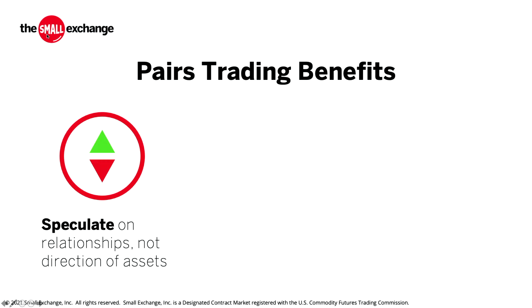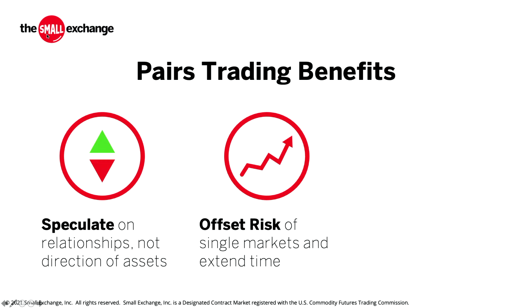One of the first things that you learn after your basic covered calls or buying or selling just a naked put or call option is, hey, I can go into the S&P 500 or I can go into Apple and I can sell what's called a strangle or an iron condor, and I can have a neutral outlook. That's really intriguing to, I think, a lot of people who are tired of saying, oh, trading, I need to go in there and make a 50-50 speculation on where this asset is going to be tomorrow or next week or next year. It's that different kind of speculation that pairs trading offers.